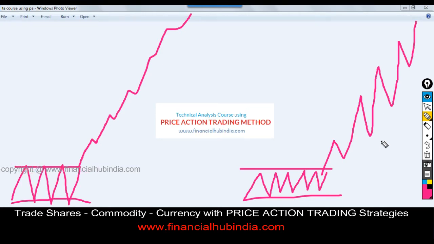All right. Since we have done the minor swings and major swings, you can recognize what's happening here. This uptrend is going up with minor swings happening in it, and this uptrend is going up with so many major swings. That's the only difference, minor swings and major swings. And now you will understand why we learned minor swings and major swings and how that helps us in our trading.